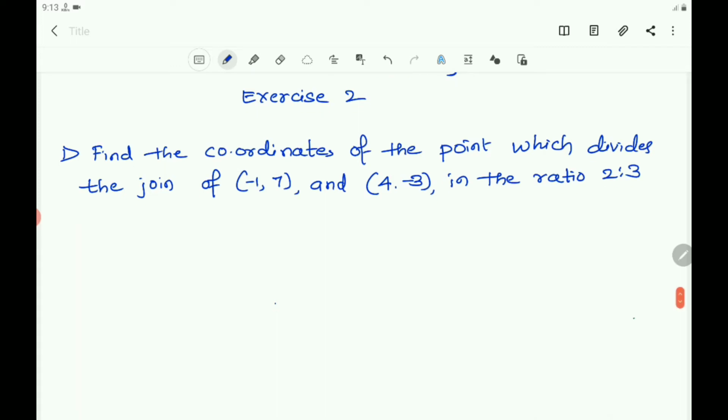Here let us consider P of xy is the coordinates of the point which divides the line joining the points -1, 7 and 4, -3 in the ratio 2 is to 3, and P of xy that you have to find out.